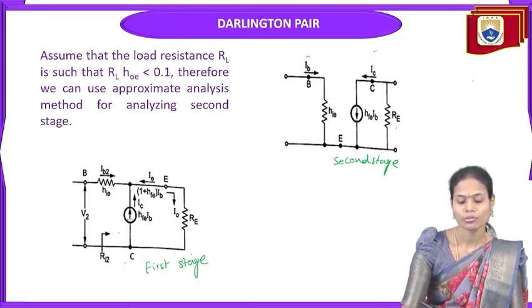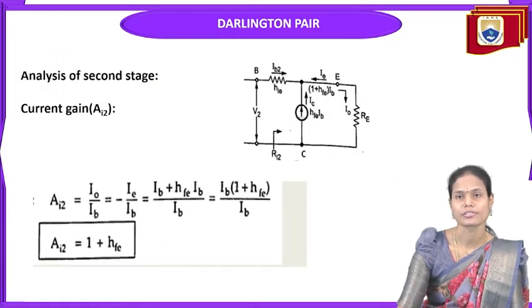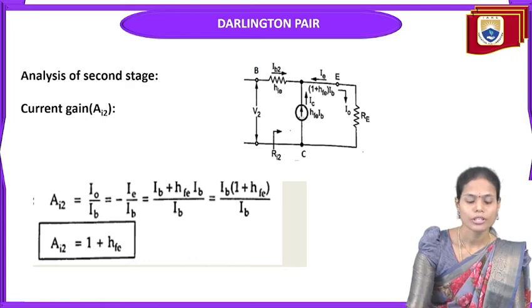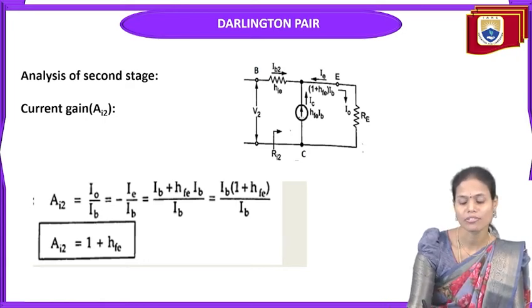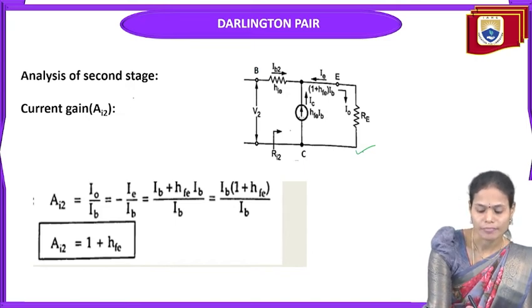Now we are going to analyze the second stage. Always in the multi-stage amplifier, first we have to do the analysis for the second stage and then for the first stage. So for the analysis of the second stage, I am taking the second stage equivalent circuit. To find the overall current gain of this second stage, that is the output current divided by input current.